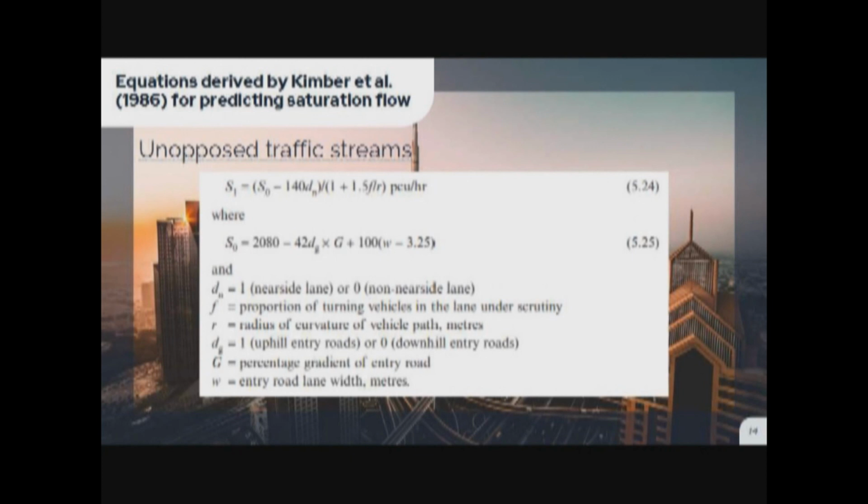The saturation flow unit will always be passenger car units per hour. This will be equation 5.24.